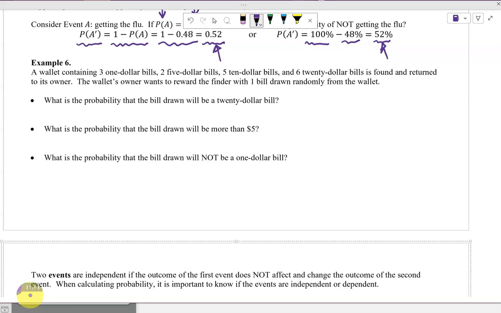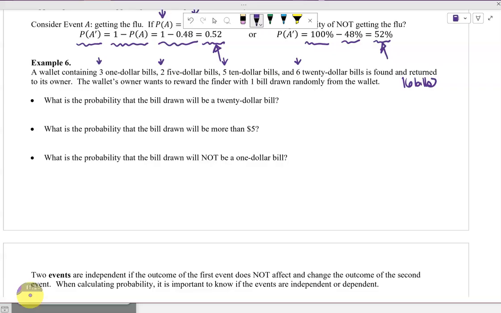We have to count up how many there are. So we've got 3 and 2, which is 5, and 5 more, which is 10, and 6 more, which is 16. I'm going to record that out here. So there's 16 bills that you can draw out of that wallet.